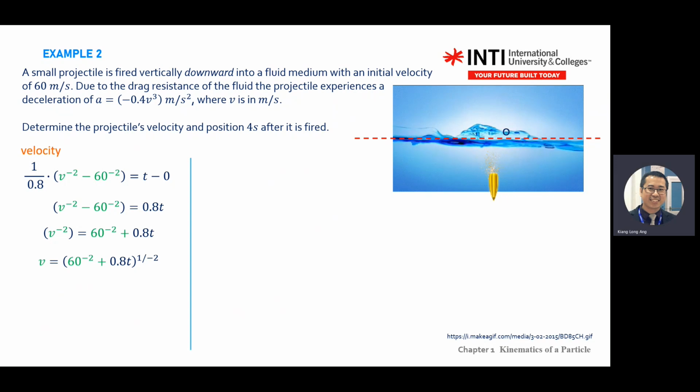This is the first equation you get from this one, but it asks you to solve after 4 seconds. Nico, find what is the velocity after 4 seconds? You also try to find what is the answer after 4 seconds?